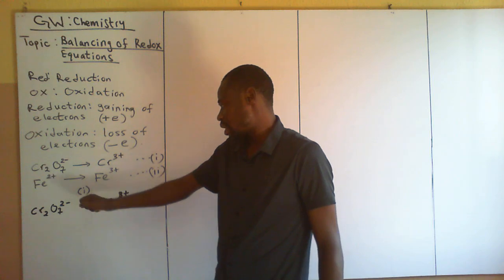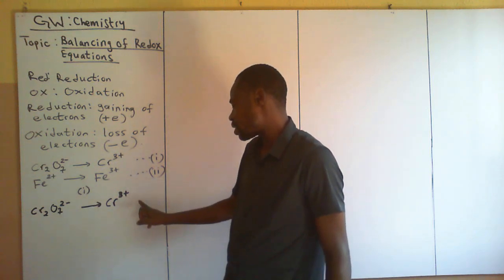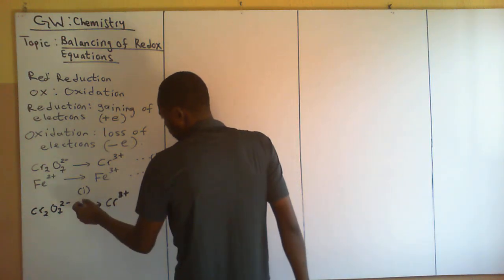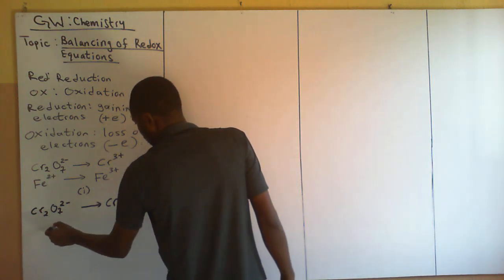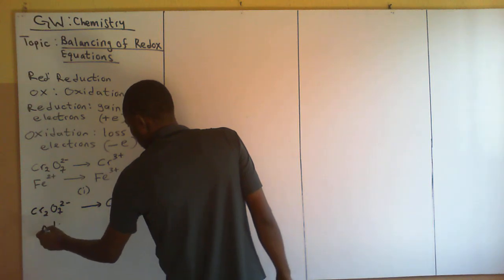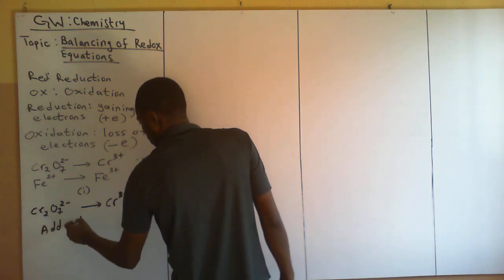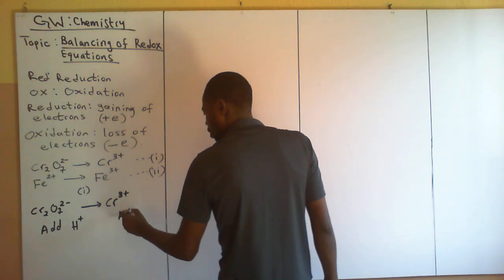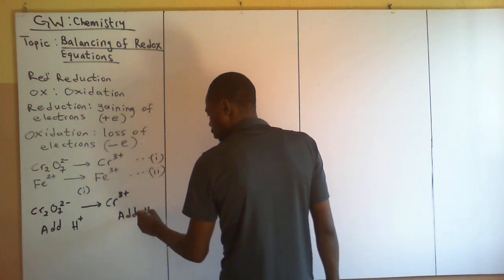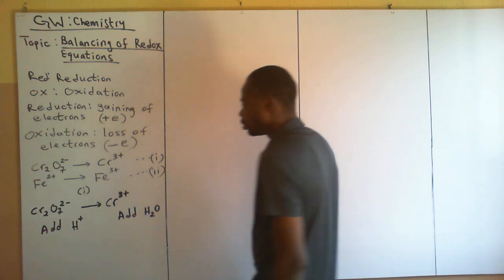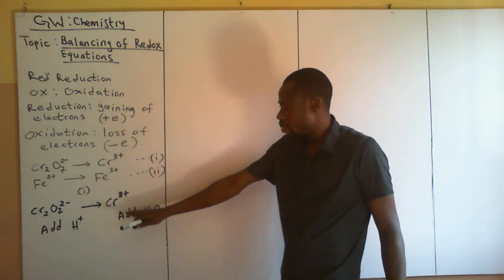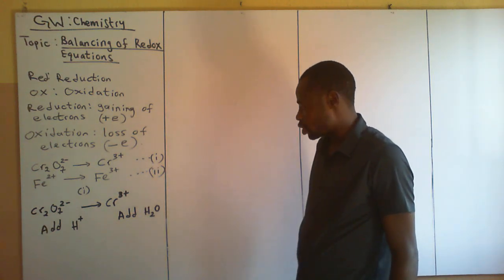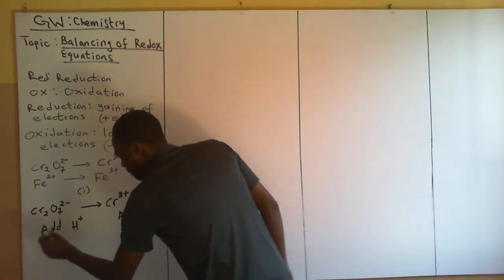Where we have oxygen, and we do not have oxygen at the right hand side. At the left hand side that we have oxygen, add hydrogen ion there. Hydrogen ion to be added. If you look at this now, the way we've added it, we will now rewrite the equation before we balance it. Now see.